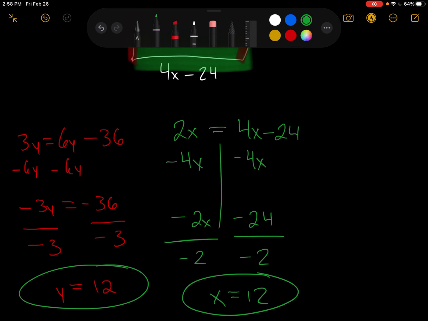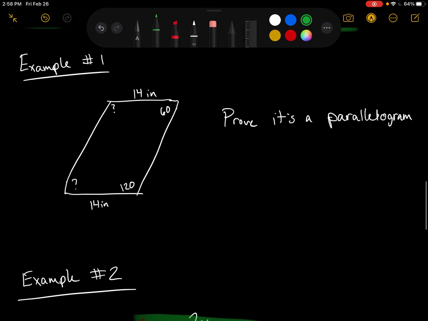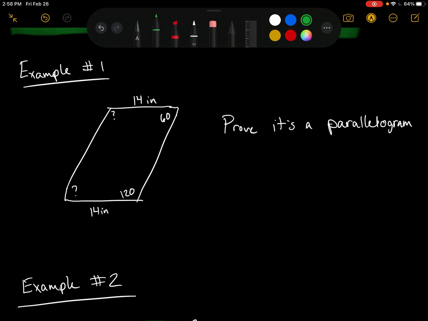All right, so for our final example here, we're going to take a final note of how to go through one of these proofs. So one of the things for parallelograms that we know from our properties yesterday is that consecutive angles are supplementary.